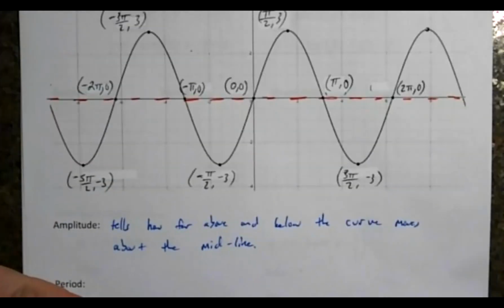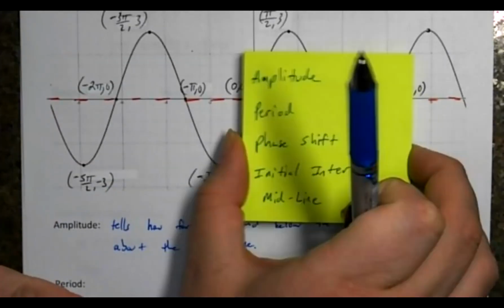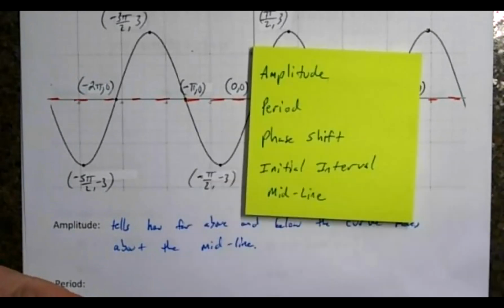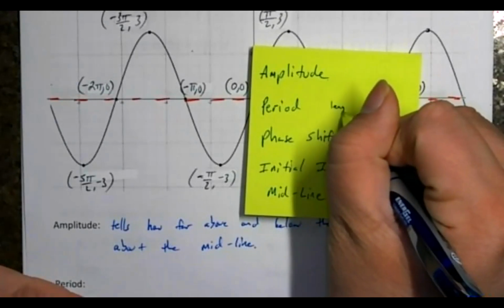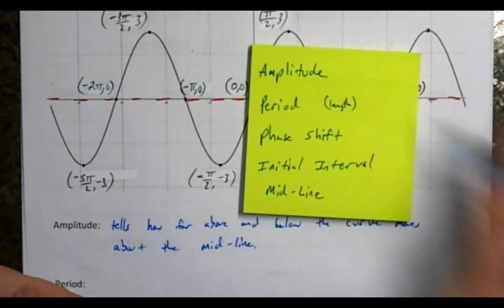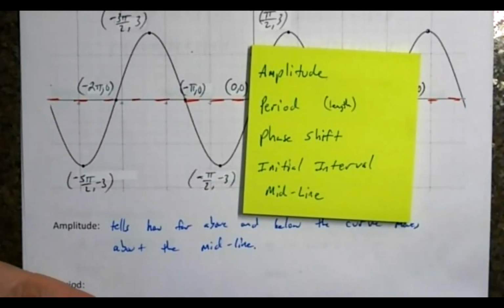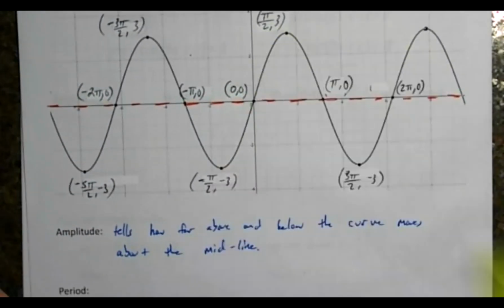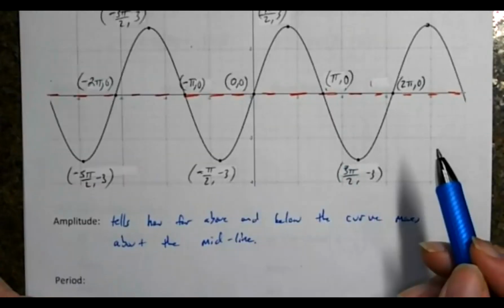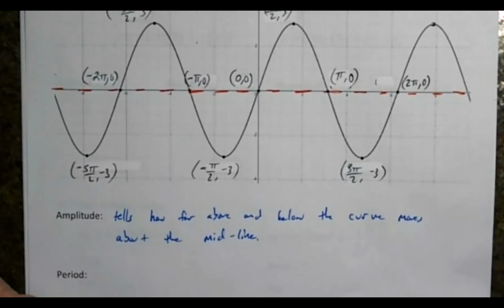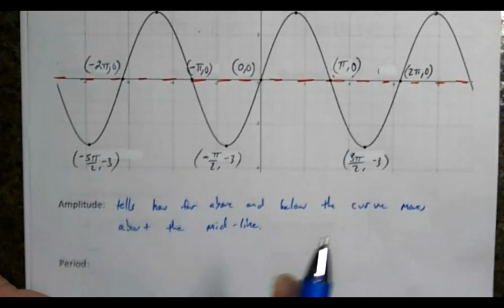Period. The period, we're associating that with length, or it could be thought of as time as well. The period is basically how long does it take for the curve to do one complete cycle.